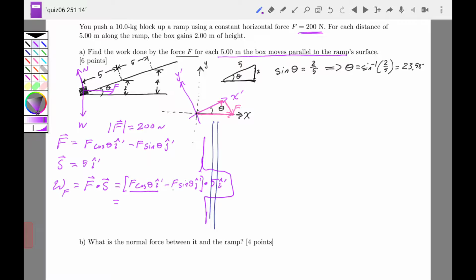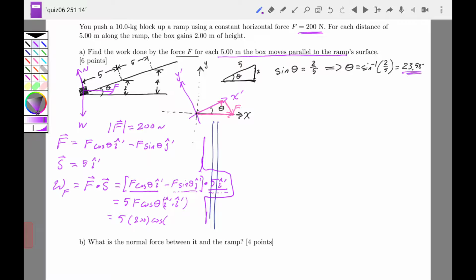Only this term and this term dotted together survive. This term and this term are orthogonal, so the dot product is 0. So we have 5F cosine theta, i hat prime dot i hat prime, which is just 1. So this is 5 times 200 times cosine.